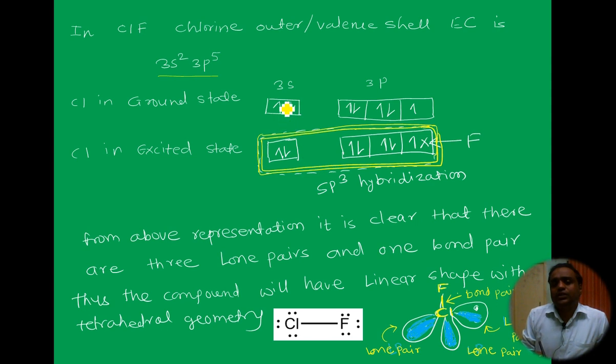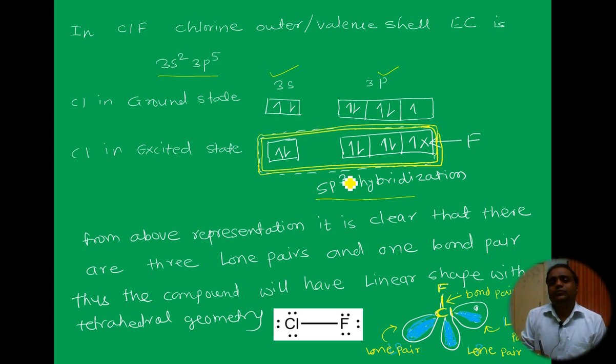This 3s and 3p will undergo hybridization. They will combine and come to the same energy level, that is sp3 hybridization. So these are called sp3 hybrid orbitals or sp3 hybridized orbitals.